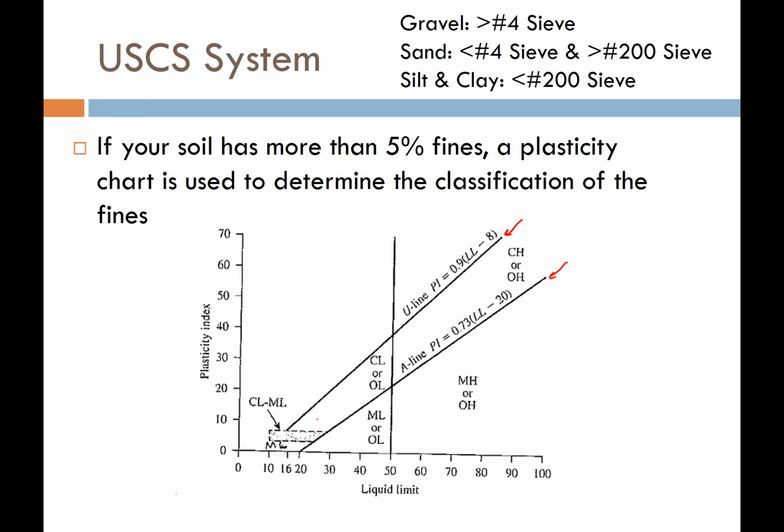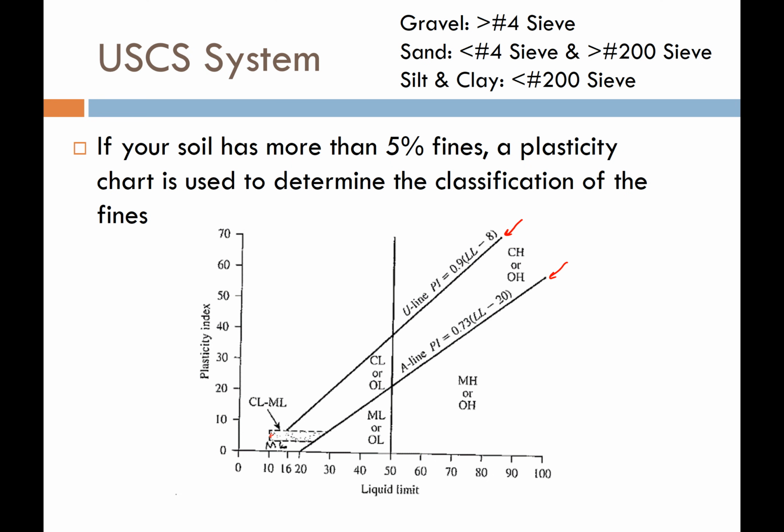So you can see, for instance, the CL soils exist right here. You can see that the ML soils exist all right here. You can see that the MH soils exist right here. And you can see that the CH soils exist right here.